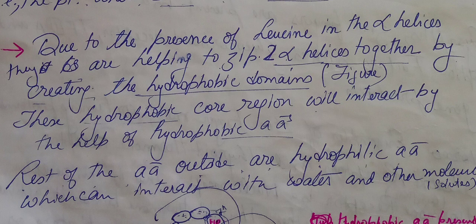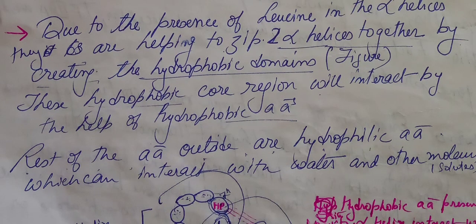So due to the presence of leucine in the alpha helix, it is thought that they are helping to zip the two helices together by creating a hydrophobic domain.